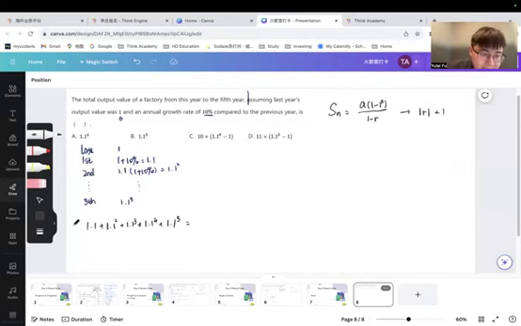However, for this sequence, what is the common ratio? The first number is 1.1, the second number is 1.1 times 1.1, and the third number is 1.1 times 1.1 times 1.1. So for this problem, the common ratio should be 1.1, which is greater than 1. So we're gonna use another formula, which is A times R to the power of n minus 1 divided by R minus 1.